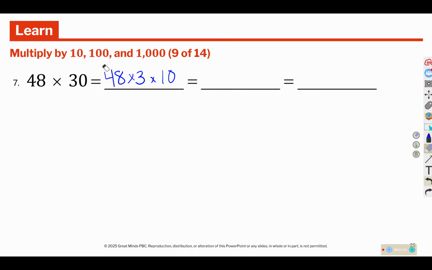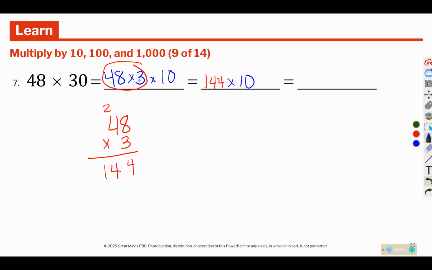We'll start with 48 times 3. 3 times 8 is 24. 3 times 4 is 12, plus 2 is 14. So 48 times 3 is 144.